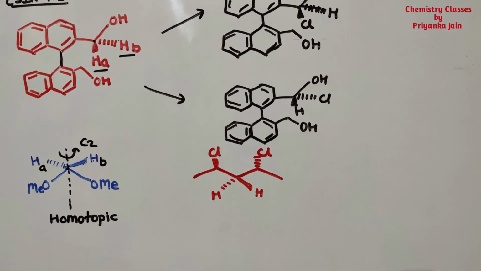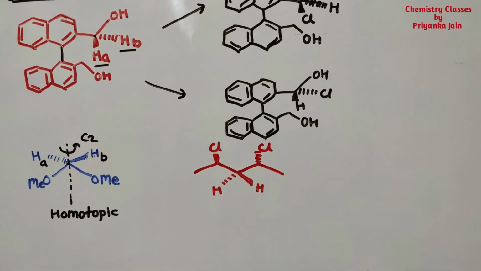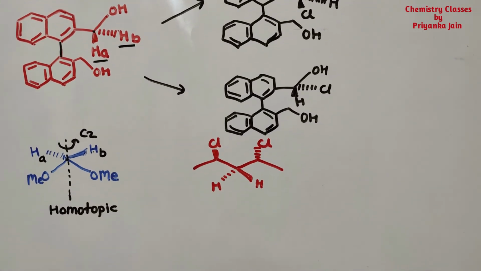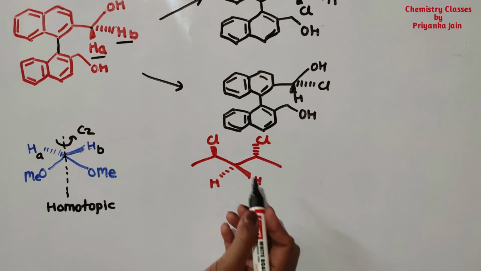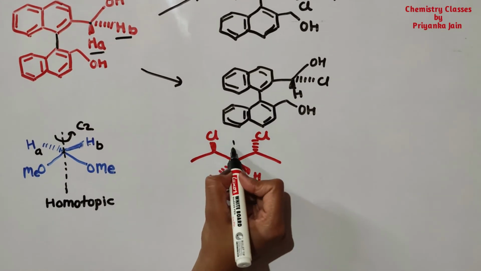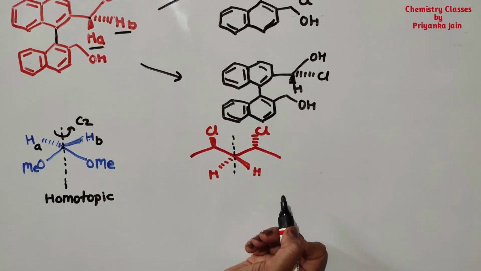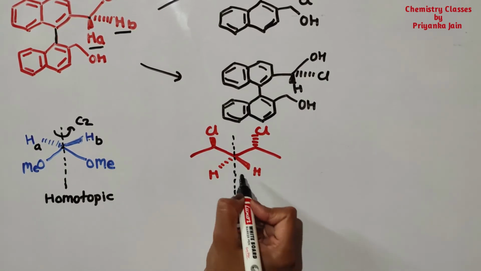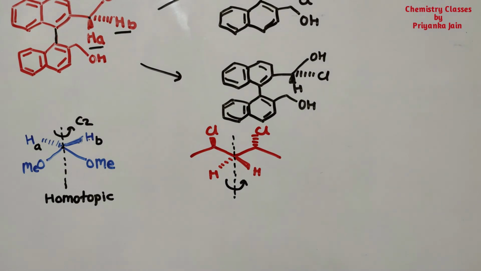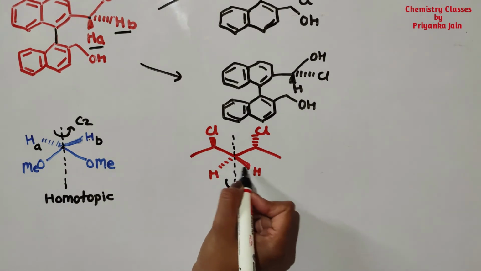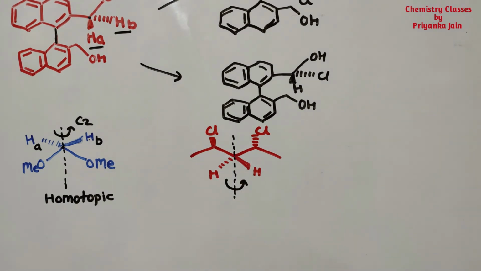Now we have to identify whether these two hydrogens are heterotopic, homotopic, enantiotopic or diastereotopic. So what do we have to do? See here, firstly these two are attached to the same carbon, so these are not constitutionally heterotopic, and here a C2 axis is present. Firstly you should see whether both groups are attached to the same carbon atom or not.